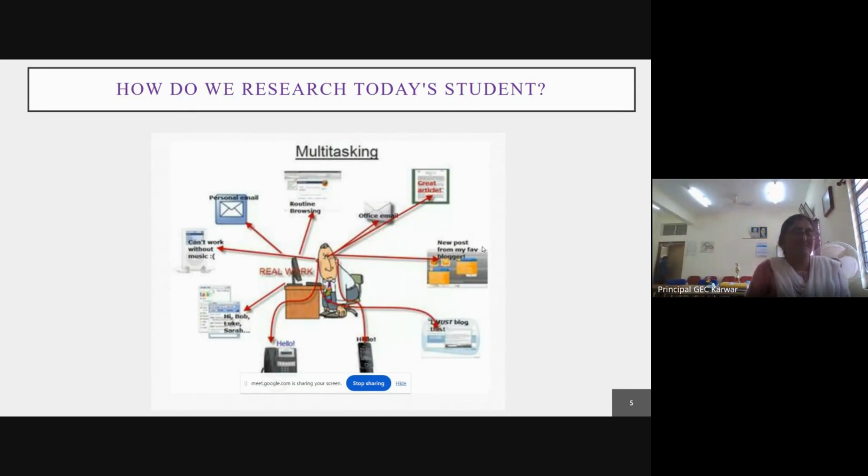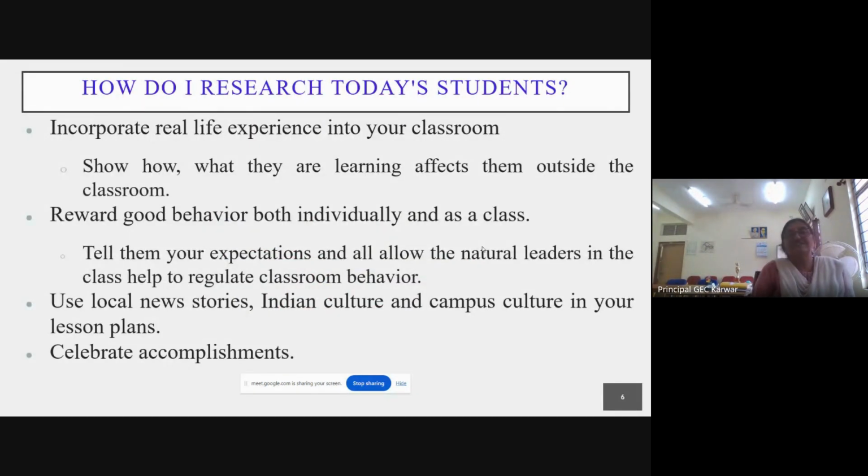So the students' generation is like that. Now, how do we handle such kind of students? In fact, research also suggests that multitasking can actually hamper our productivity by reducing our attention as well as overall performance. So how do we reach these students? What we need to do?